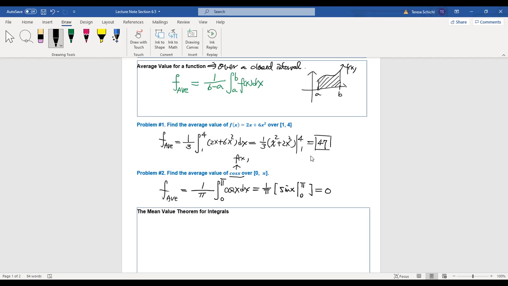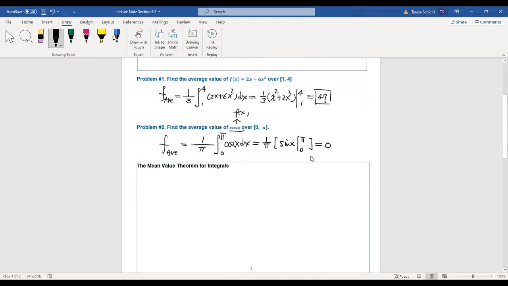Now we know how to do the calculation. The mathematical part is pretty easy. But what do this 0 and this 47 really mean? What is the significance of that? That's why we are going to take a look at what we call the mean value theorem of the integrals.